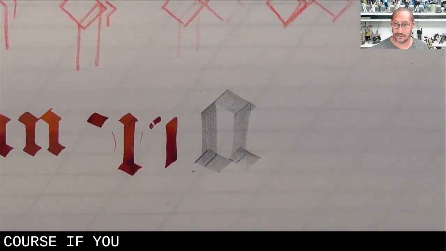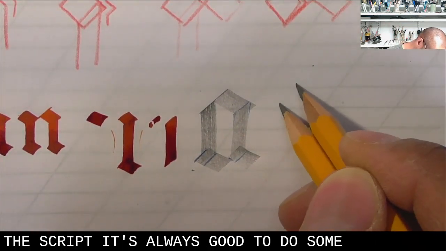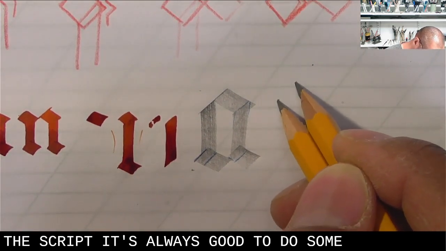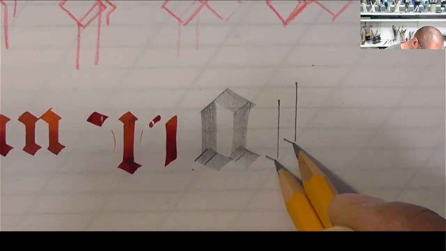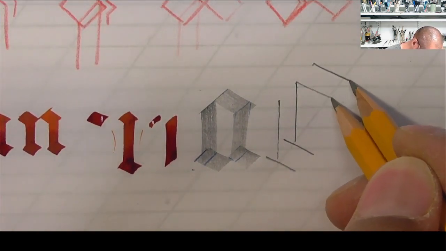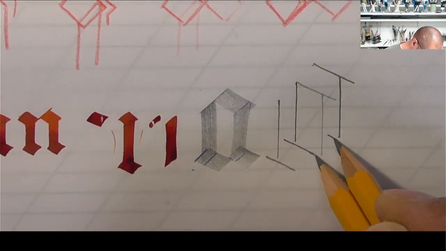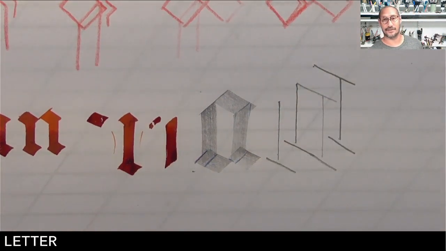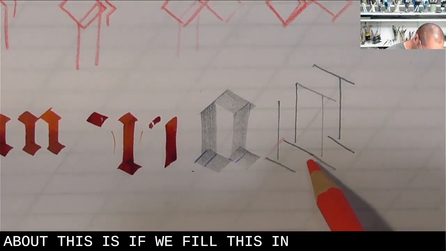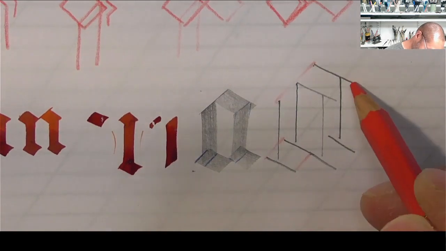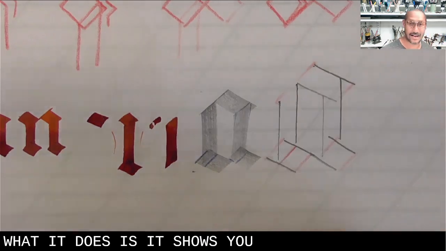And of course, if you really want to sit and understand the script, it's always good to do some double pencil practice. Now, the great thing about this is if we fill this in, what it does is it shows you exactly where those points line up.